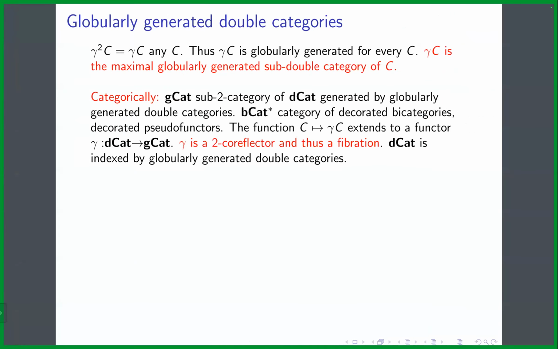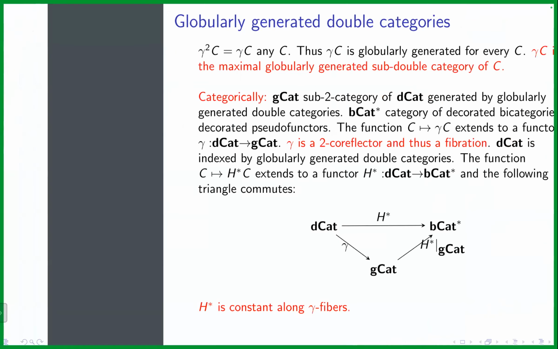Then the function associating to every double category C its globularly generated piece gamma C extends to a functor gamma from double categories to globularly generated double categories. We can prove that gamma is actually a 2-coreflector, and so its one-dimensional piece is a fibration. And so the category of double categories is actually indexed by globularly generated double categories.